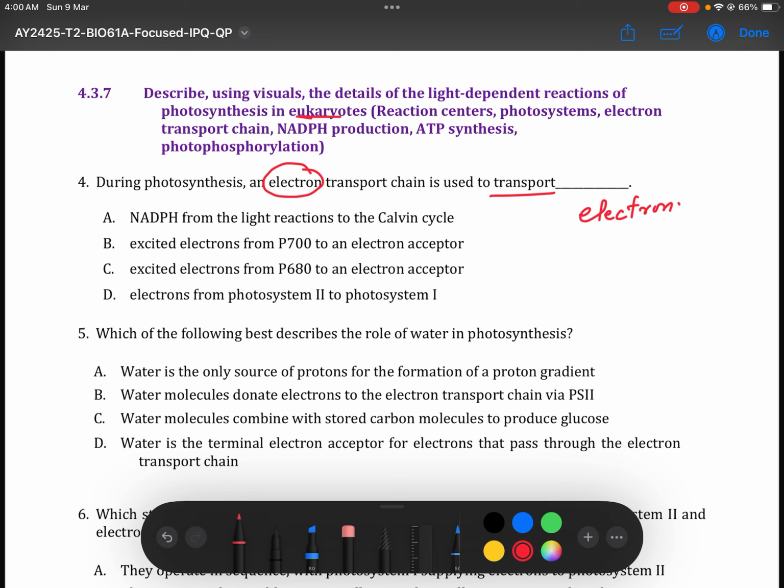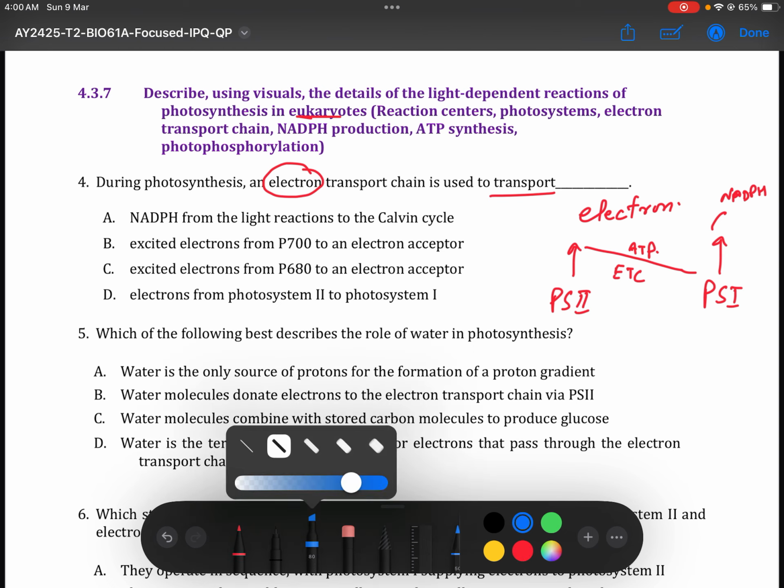Now, how the electrons are being transported: you should know that PS2 is the first one that transports the electrons, and in between it is the ETC, and then we have PS1, and then it goes to a higher energy level, and here we have the production of NADPH, and here we have the production of ATP. So now you can easily see what's happening.